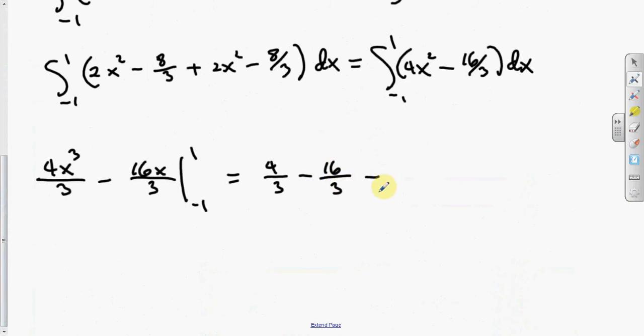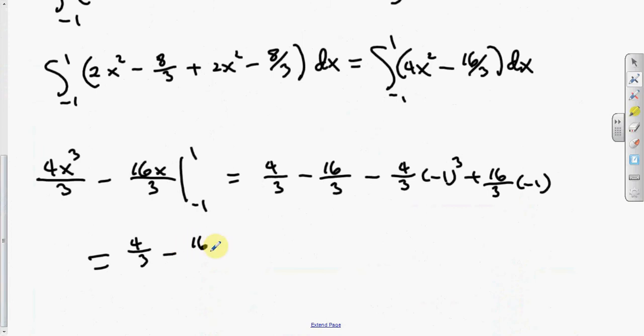And then that becomes minus, we evaluate at -1: 4 thirds times -1 to the third plus 16 over 3 times -1. So this is 4 over 3 minus 16 over 3 plus 4 thirds minus 16 over 3.